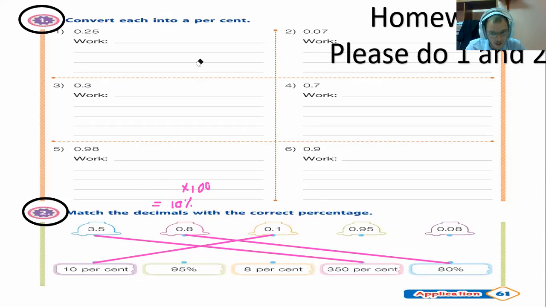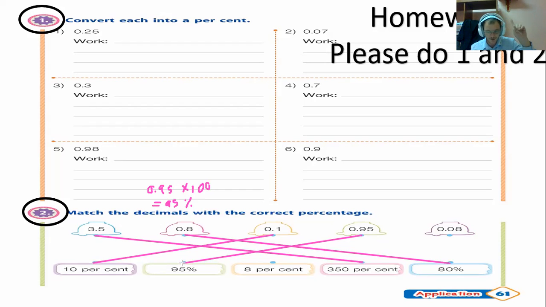The next one we have is 0.95, and 0.95 will give me 95%. So then we go over here and we find the 95% and we match them together.